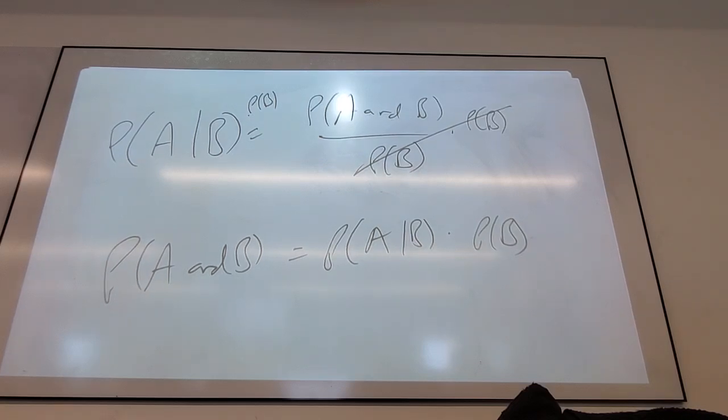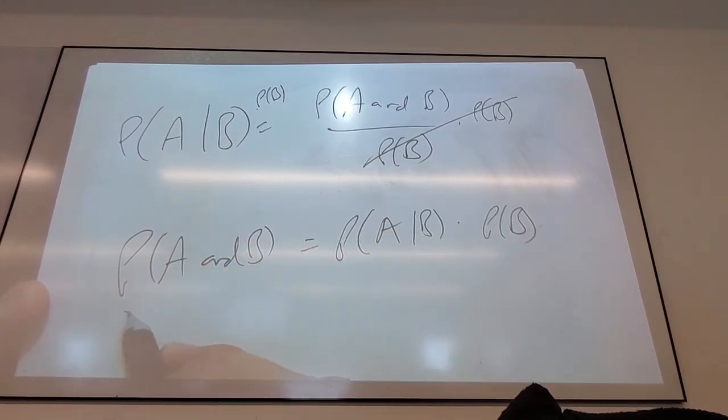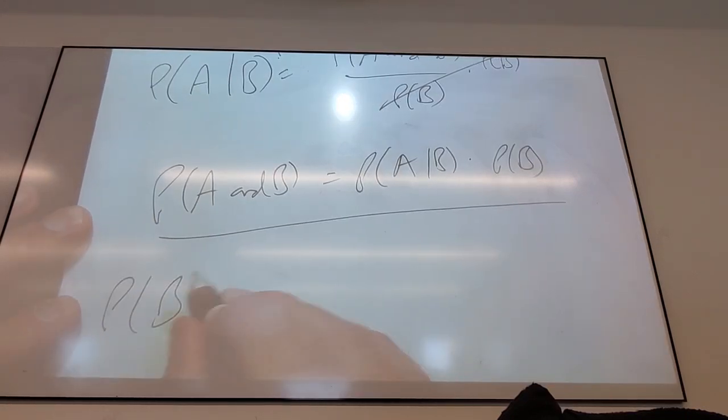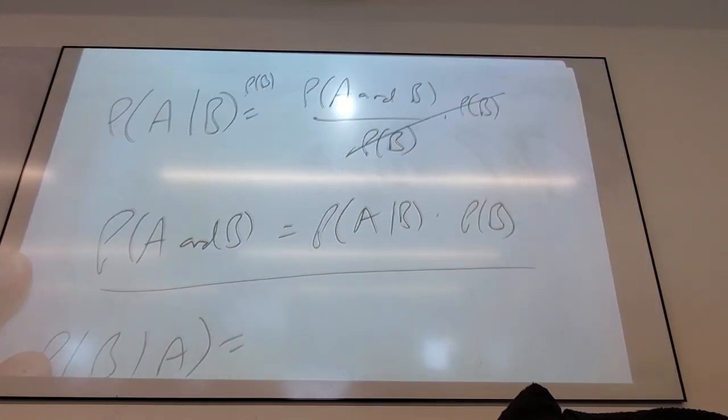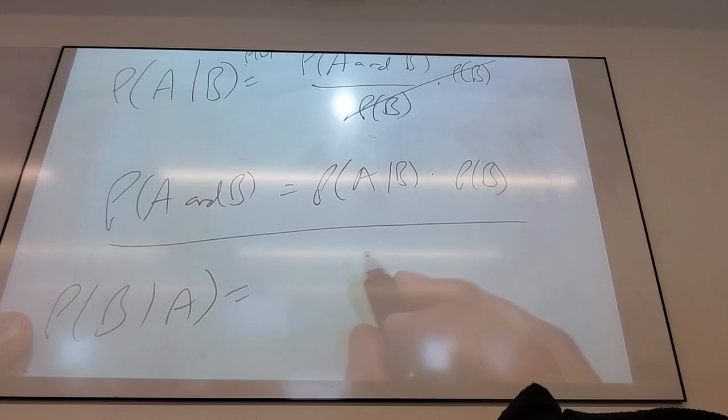So let me clean that up a little bit. Go ahead and write that down. What's the formula for the probability of B given A?